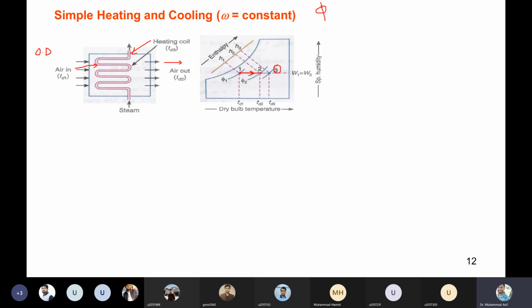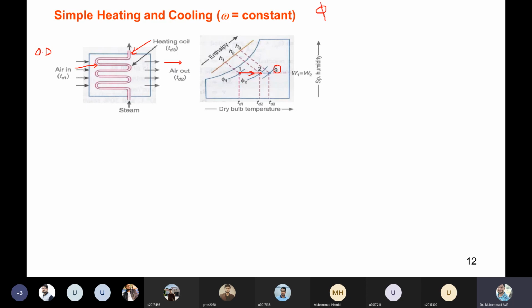That's why during the winter, simple heating is not recommended. Let's say you burn a gas heater inside your room; that's simple heating. As you increase the temperature, the relative humidity inside the room is decreasing. Also, the air inside the room is used by the burning process, so not only is the oxygen content decreasing, but also the relative humidity.